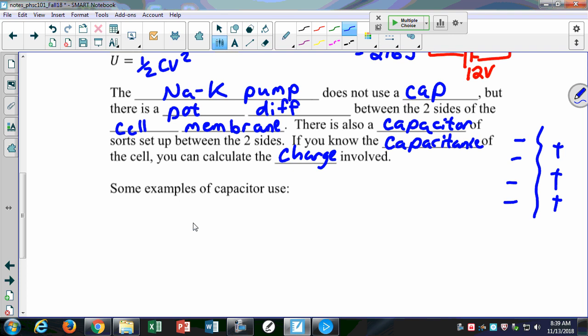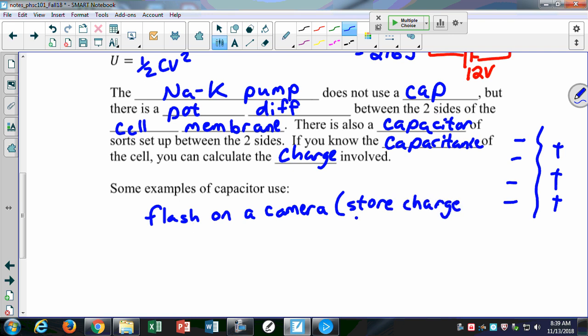All right, so some examples of capacitor use are flash on a camera. You store charge until you're ready to use it, until you have the flash. In those old cameras, remember the old cameras where you could actually hear the flash?